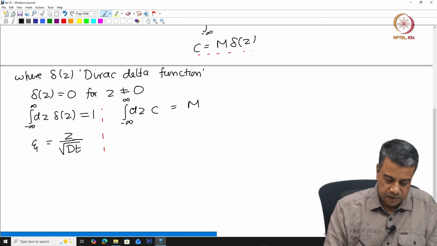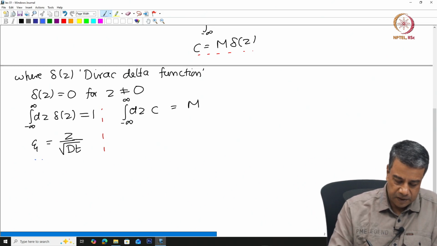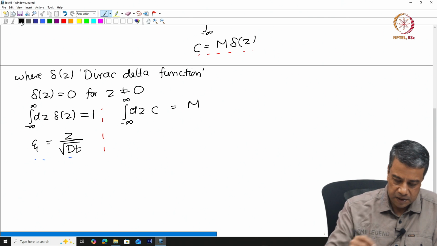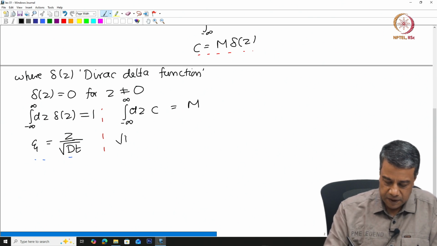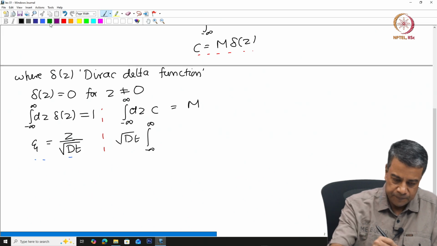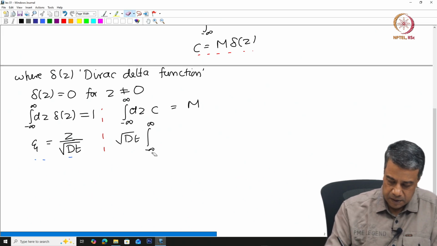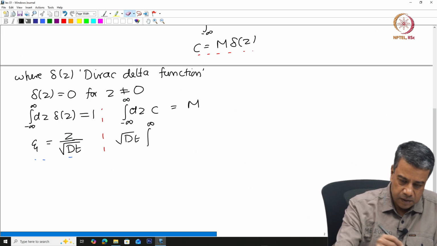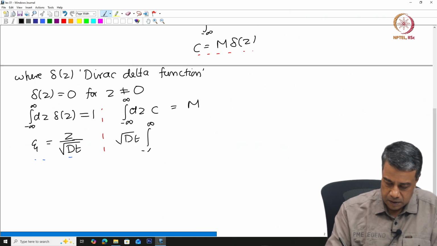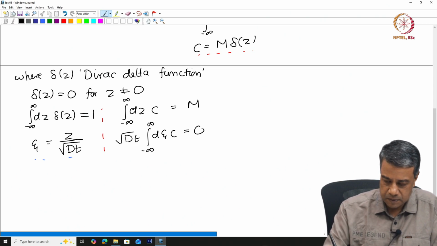Rewrite z in terms of this variable psi. I will get root of Dt times the integral from minus infinity to infinity d psi times c is equal to m.